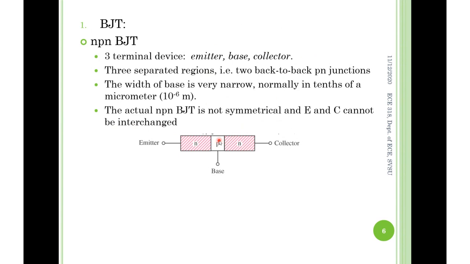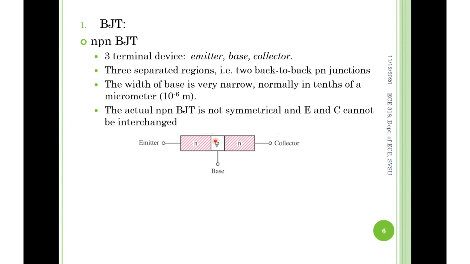You squeeze a P-type semiconductor in the middle between two N-type semiconductors. Here we go, it's a BJT, NPN. The two N-type semiconductors are the emitter and collector, and in the middle, the base is the P-type semiconductor.